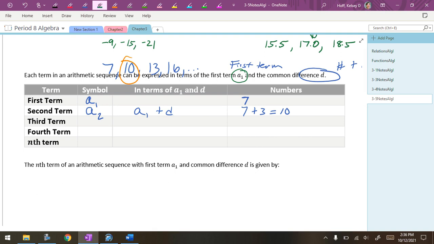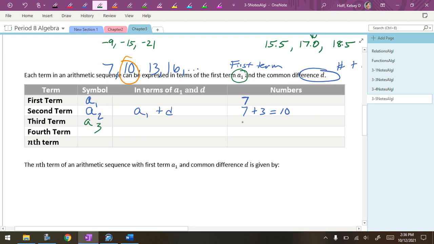Okay, what's the symbol for my third term? A of 3. Now we're going to jump over here to numbers. What is the actual number of my third term? 13. I need to represent 13 by only using 7 and 3.